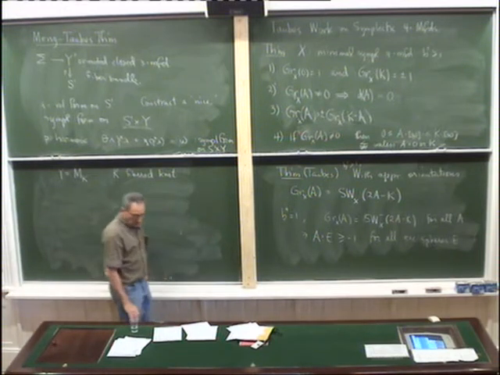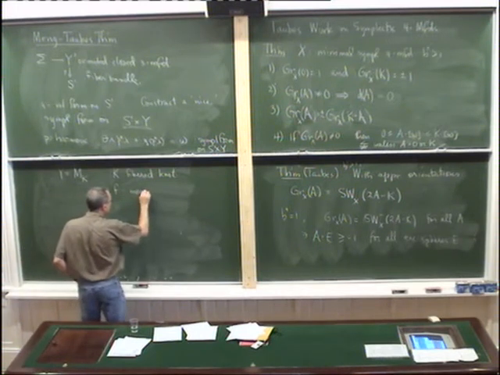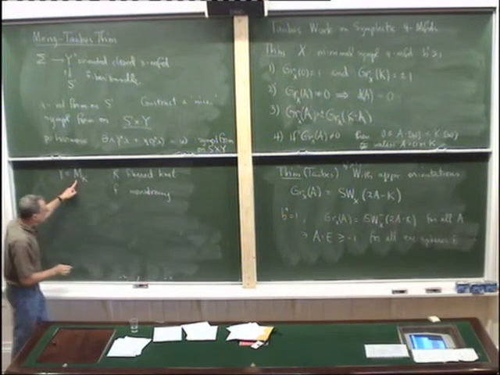Right, so let F be its monodromy. So this is a bundle over the circle.